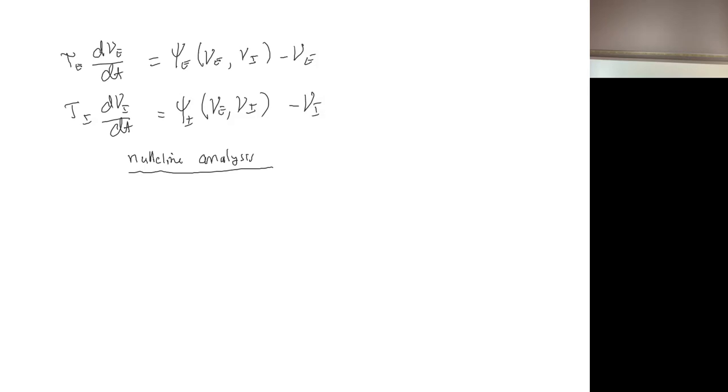Let's take the E nullcline, excitatory nullcline. It's all points such that d nu E dt equals 0, which means nu E equals psi E of nu E, nu I.